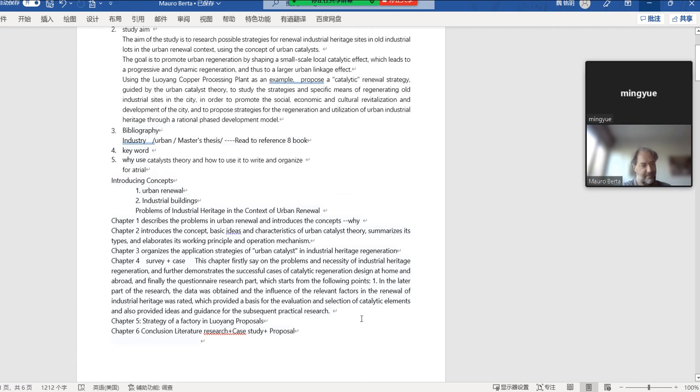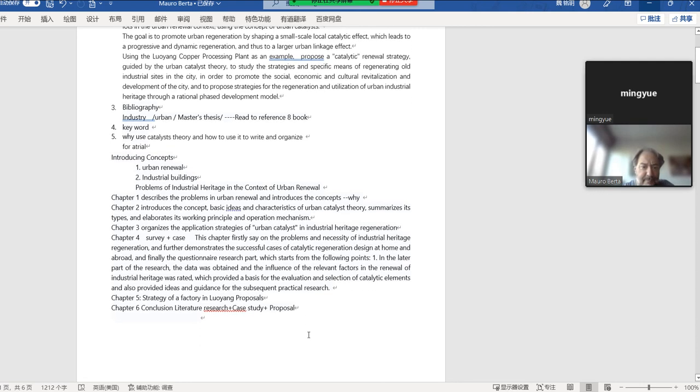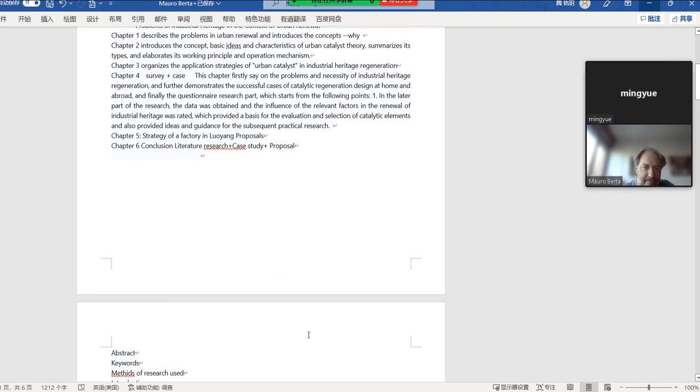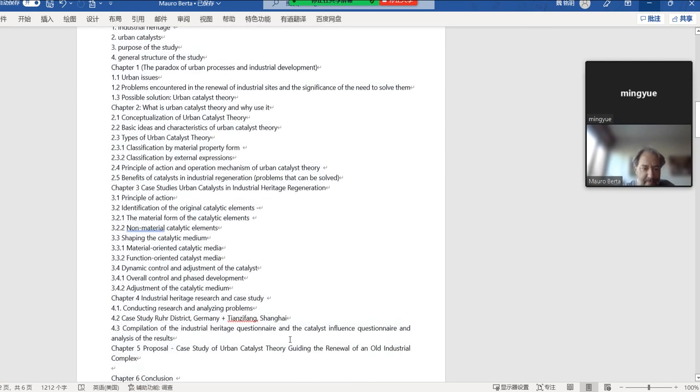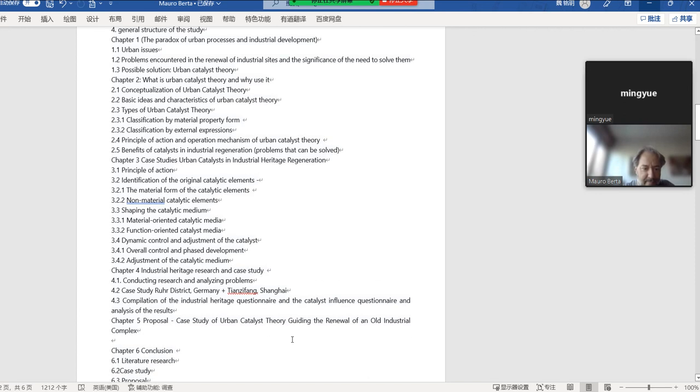And another is from China, so one case in Germany and one in China, to do this kind of analysis. And chapter 5 is strategies and proposal. Number 6 is the conclusion. I also wrote the detail about how to organize it.